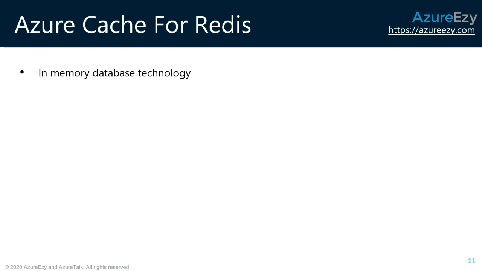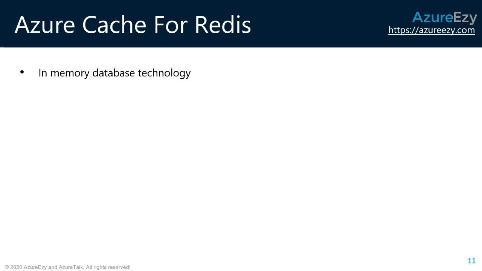Now, what does in-memory database technology mean? Generally, for any other database, your data is stored on the hard disk. When an application gathers information from the hard disk, that takes some time.